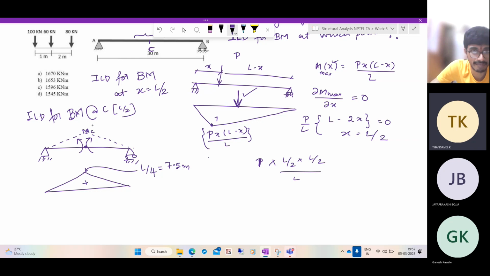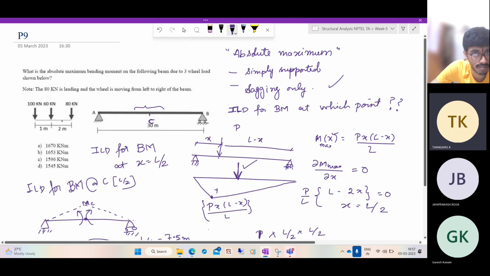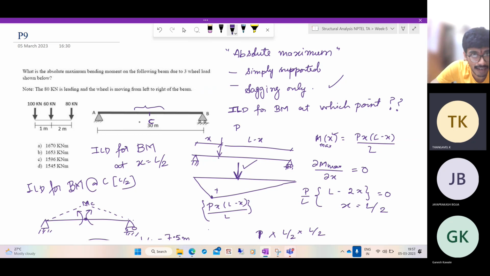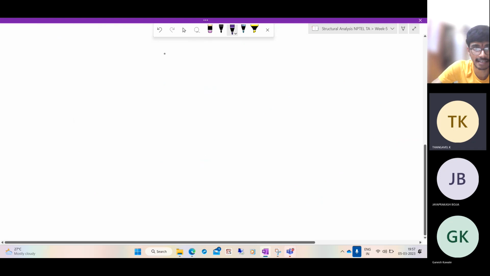Now let us consider all the different cases as we did. Since there are 3 loads, in the first case, 80 kilonewton is at the center. In the second case, 60 kilonewton is at the center. And in the third case, 100 kilonewton is at the center. So let us consider 3 cases.